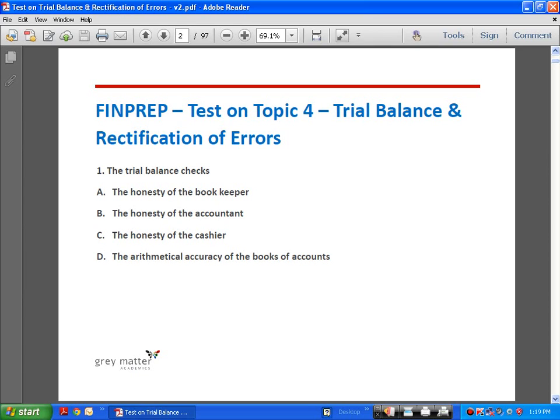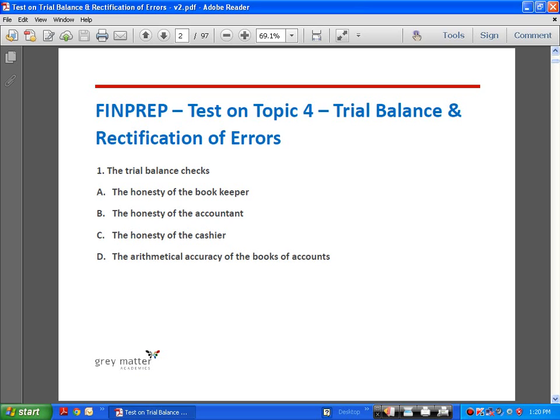So the trial balance will agree, but there will be an impact on the profit, and there will be an impact on the asset balances. Because of having debited repairs to machinery, the accountant has inflated the asset position, and the net profit is also inflated. Because the repairs has not been charged to the profit and loss account, the profit is inflated to that extent, right? So that is an error of principle.